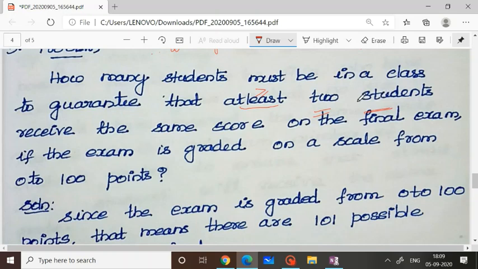Graded from 0 to 100 means we have 101 possibilities.